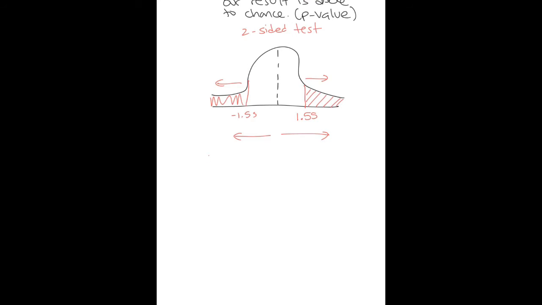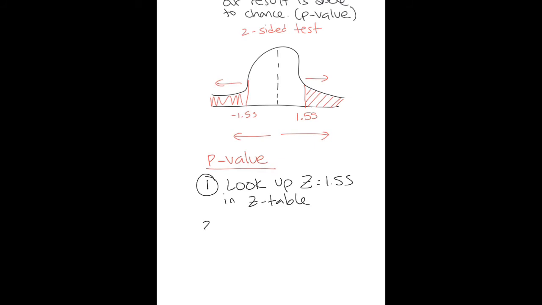So first, to get our p-value, we start off by looking up the z-value of 1.55 in your z-table. Okay, what do we get?